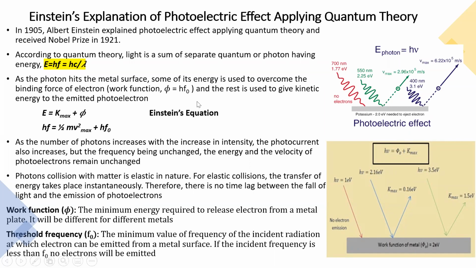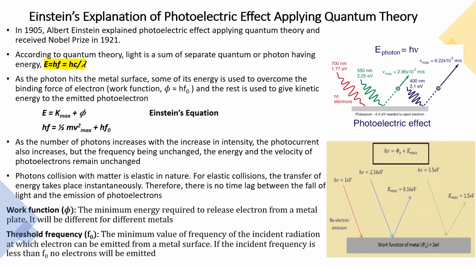Yes, teacher, got it. So Einstein, applying quantum theory, framed this equation. E, that is the energy of the photon, will be utilized to give the kinetic energy for the electron and also the work function, which is the minimum energy required to free the electron from the metal surface.